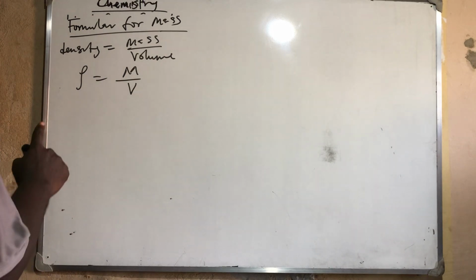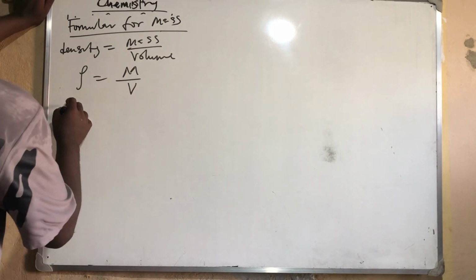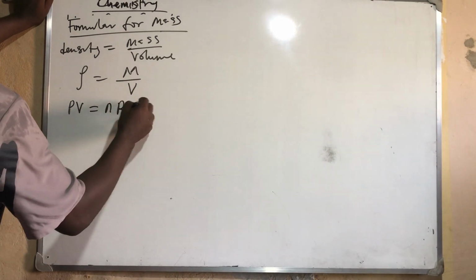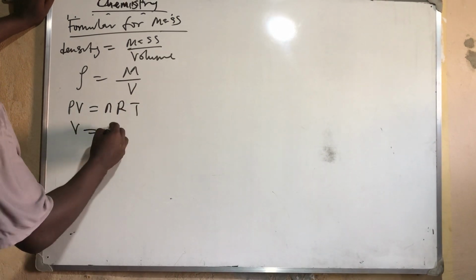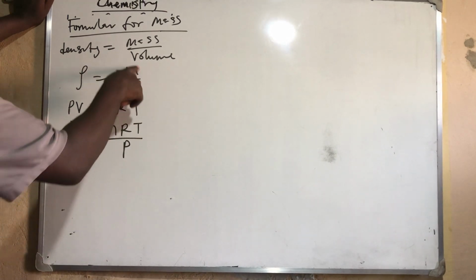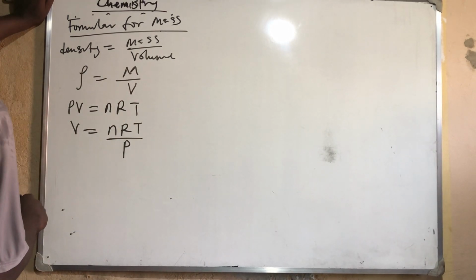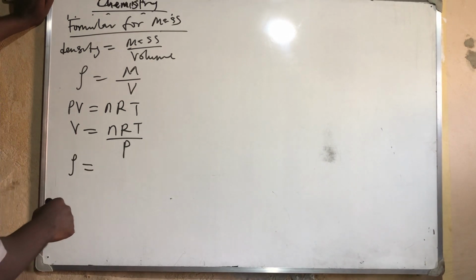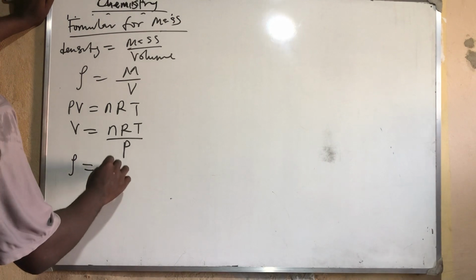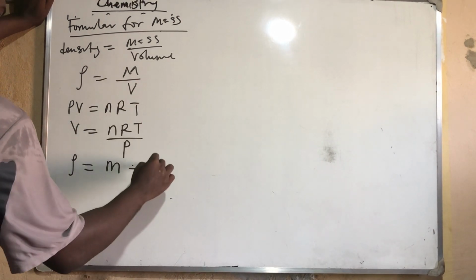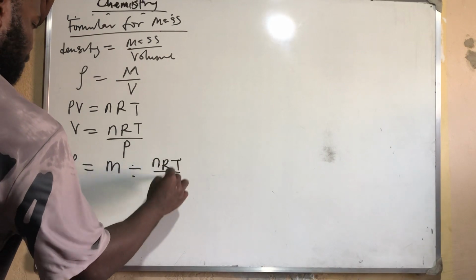Now let's check the formula for volume. We have that PV is equal to nRT. So to get my volume, it will be nRT over pressure. Let us put it here. My density rho is equal to m divided by volume, and my volume is nRT over pressure.